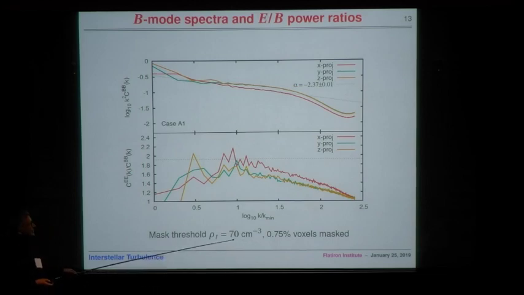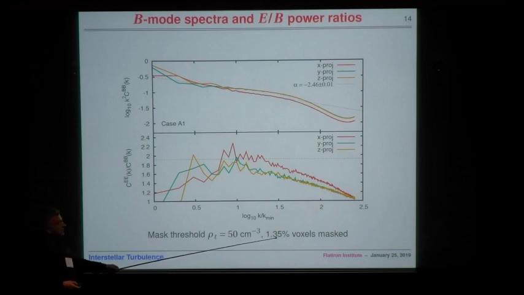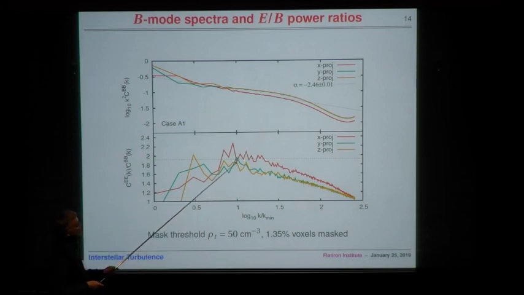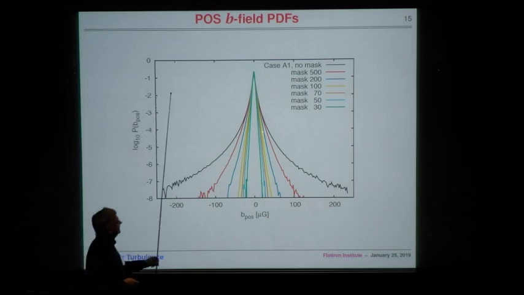Okay. If we mask a little bit more, so we exclude all the densities above 70 particles per cc, we get close to the Planck result, okay? And if we mask a little bit more, it's 1.4% roughly, we get pretty nice correspondence to what Planck sees in both spectral slopes and E to B ratio. Okay, so what we do when we mask, we basically strip off, this is the PDF of the plane of sky magnetic field.